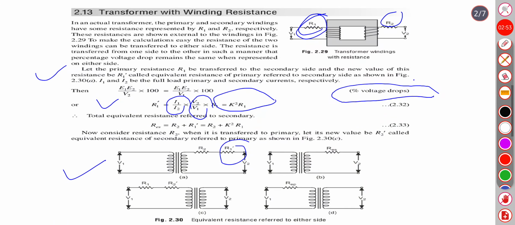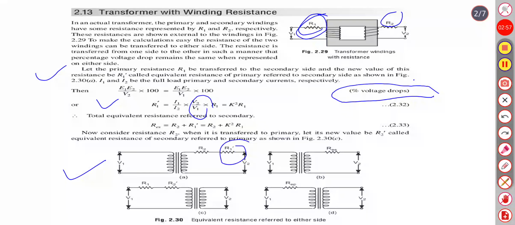Understood? So when primary resistance R1 is referred or represented in the secondary circuit, its value will become K square R1, where K is the transformation ratio.